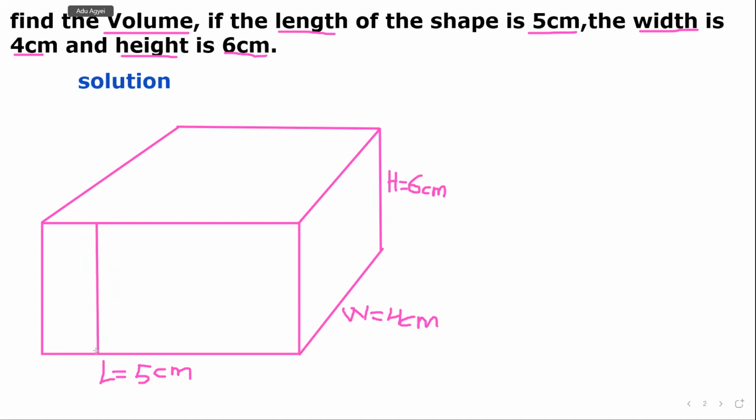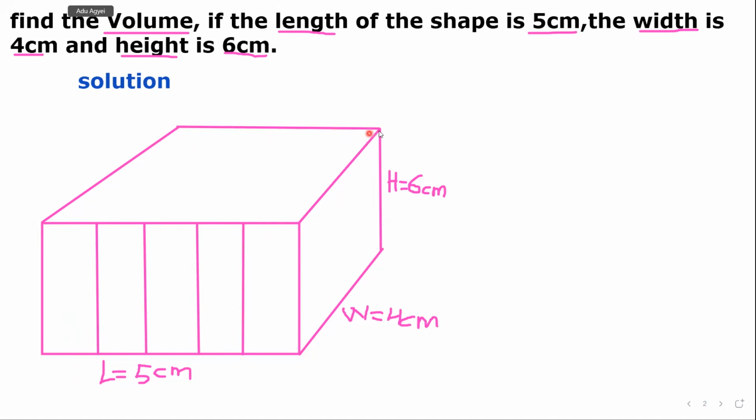Now you have the 1, 2, 3. So you have finished dividing the length into 5 here. 1, 2, 3, 4, 5. And don't forget about this line too is the length.